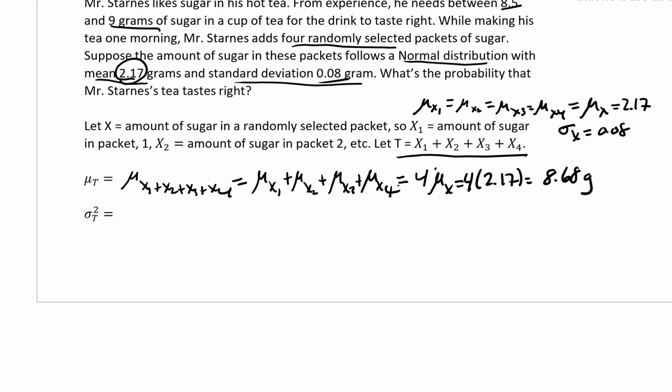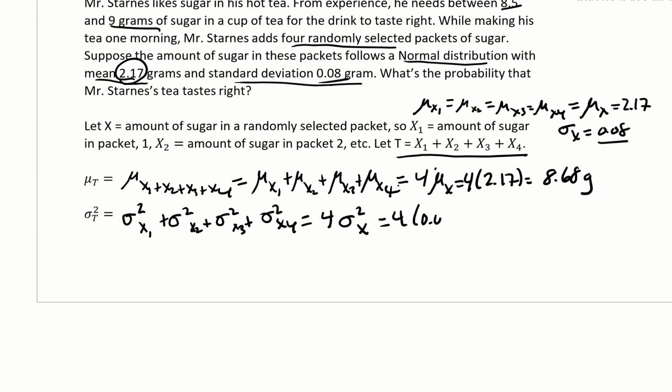Okay, now we're going to do the variance. The variance is going to be the sum of sigma squared x1 plus sigma squared x2 plus sigma squared x3 plus sigma squared x4. But as we mentioned, they're all equal, right? So really we just have 4 sigma squared x. So we have 4 times 0.08 squared.